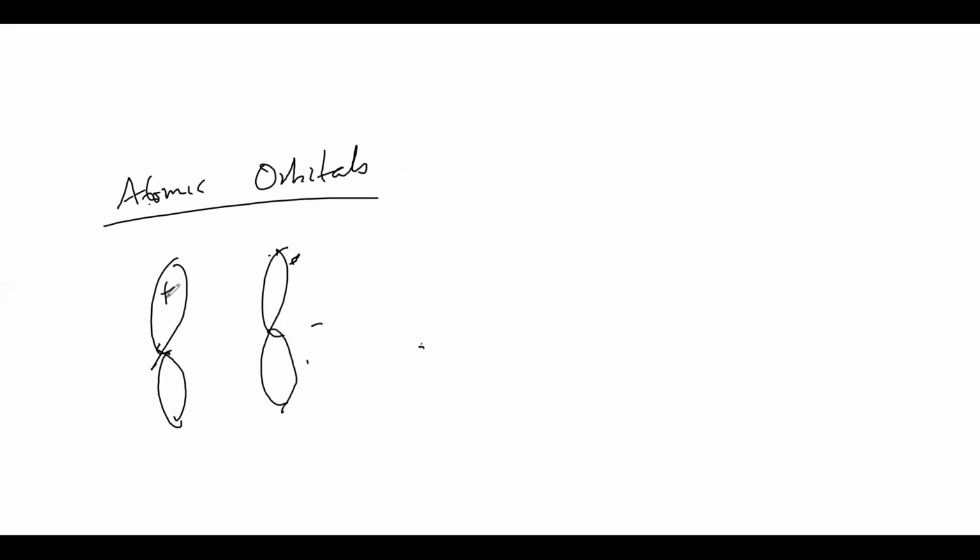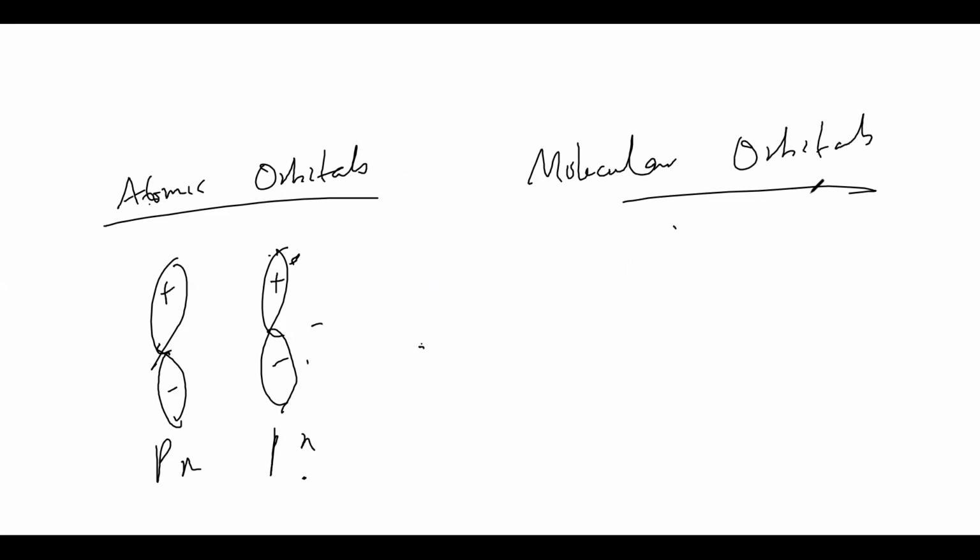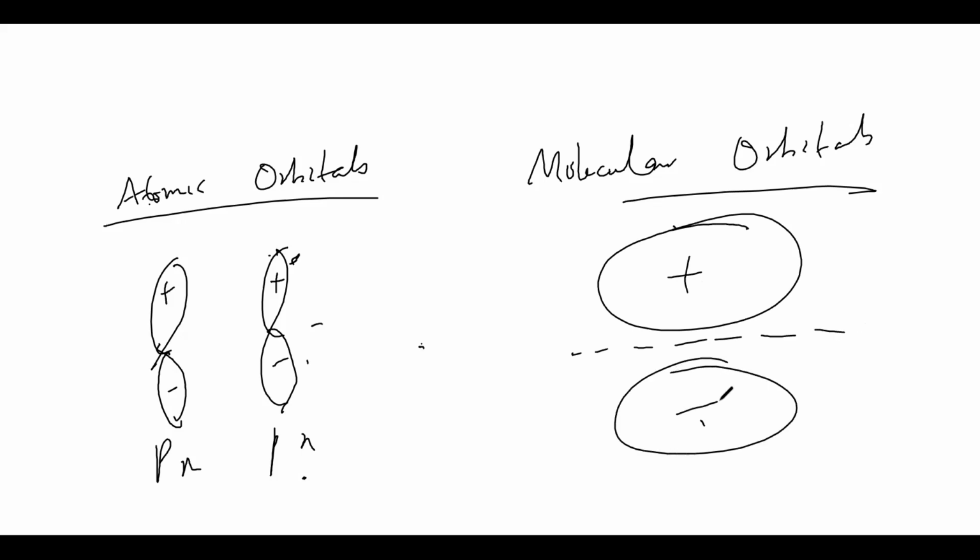This is plus, this is minus, this is plus, this is minus. Molecular orbitals will be for the same. This is for a p orbital. The plane which separates the plus and minus is called the nodal plane, for your understanding. Correct?